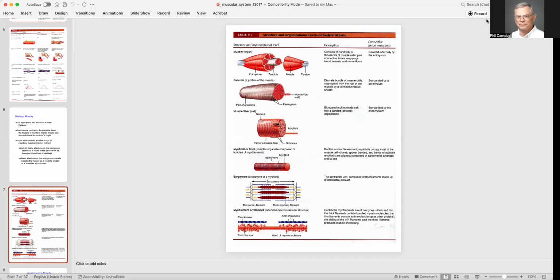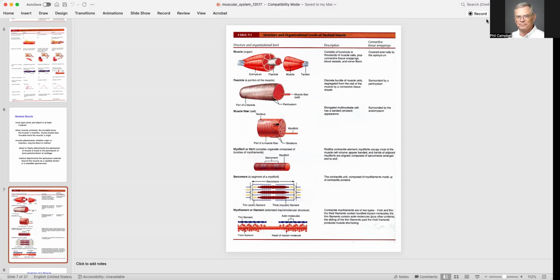A layer of tissue surrounds the complete muscle, and this is referred to as the epimysium. Within that, we have subsections of groups of muscle cells, contained in their own matrix material, and each of those sections is called a fascicle. Within a fascicle, we have a group of muscle cells.